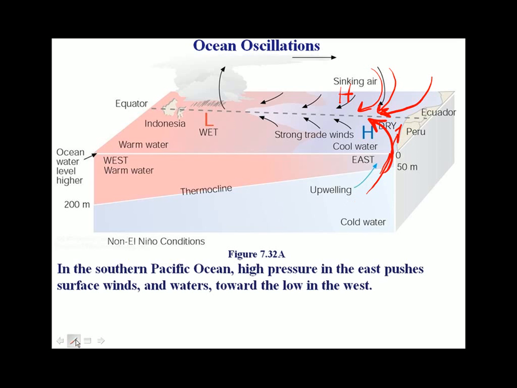But, like I said, we want to talk about pressure patterns now. We've got an idea of how the water temperatures are in a normal situation, a non-El Nino condition, which is where we typically sit. Surface pressures: high pressure near Peru and Ecuador. As we go further toward the western portion of the Pacific, out over Indonesia and heading toward Australia, we have low pressure.